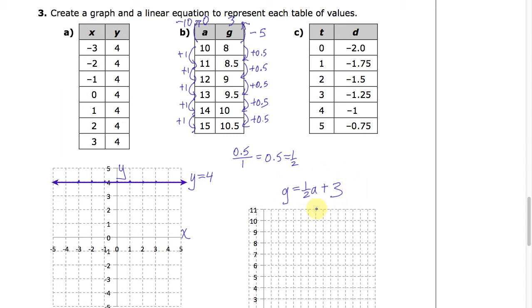So again, let me just go over how you can come up with the equation from this table of values here. First of all, we look at the change in G over the change in A, which will give us this 0.5 or 1/2, and that is the coefficient of A. It's also called the slope of the graph, and you'll see why it's called the slope after we get the graph done, and we can take a look at that rise over run.